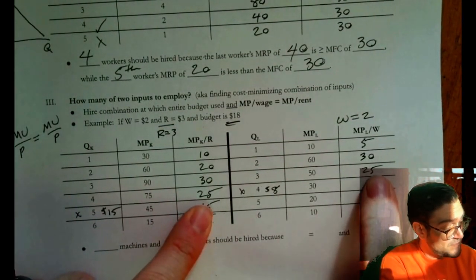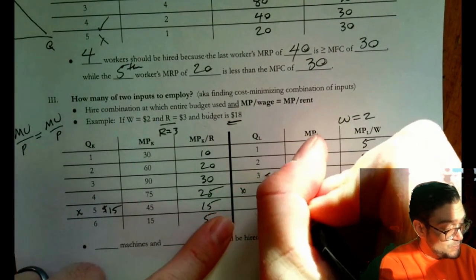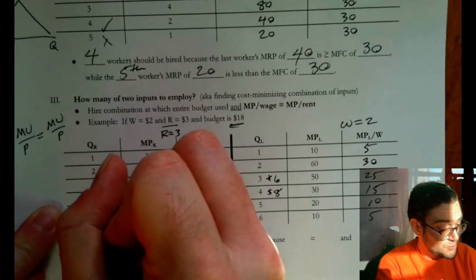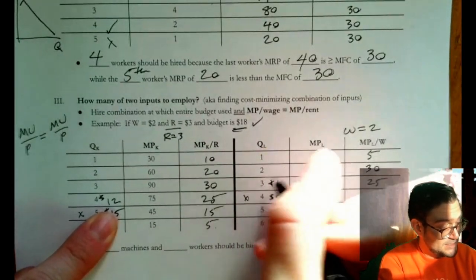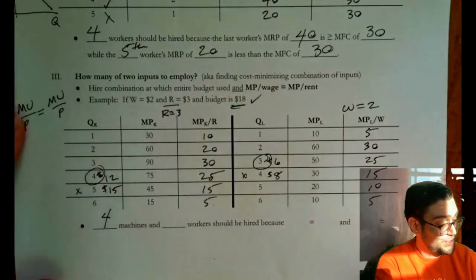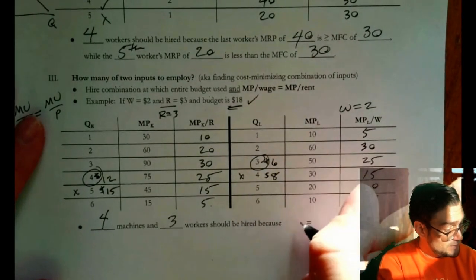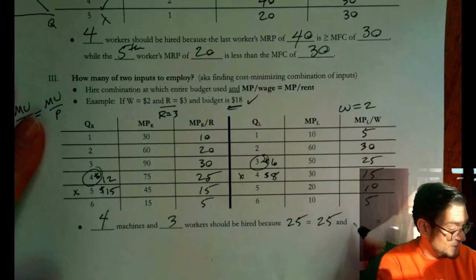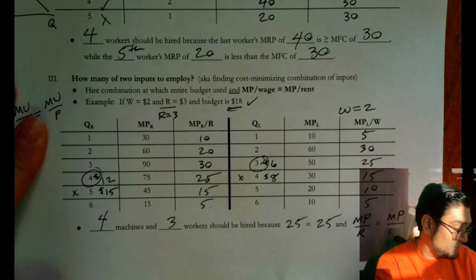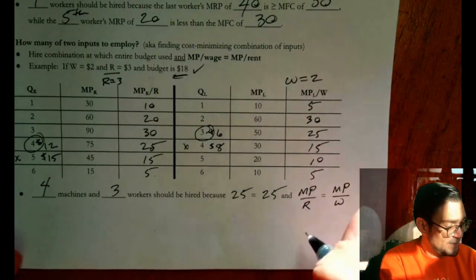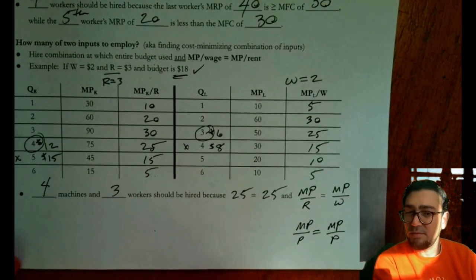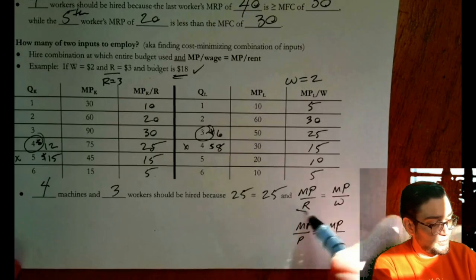Let's move to the 25s. The 25s: 3 workers would be $6, and 4 machines would be, brain fart, 12. 12 plus 6 is 18, so they should hire 4 machines, and let's write it out. 4 machines and 3 workers, because 25 equals 25, and MP over R equals MP over W. If you forget and you wrote MP over the price equals the marginal product over the price, you'd probably still get it right, but it's a good idea to make sure that you're also including this.